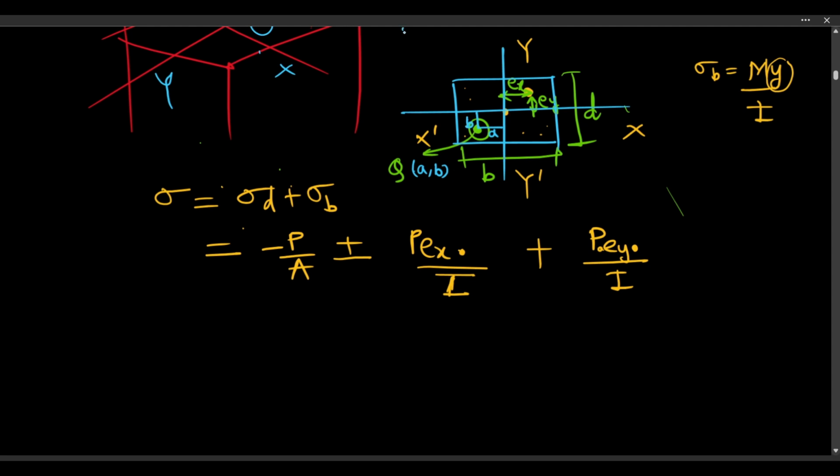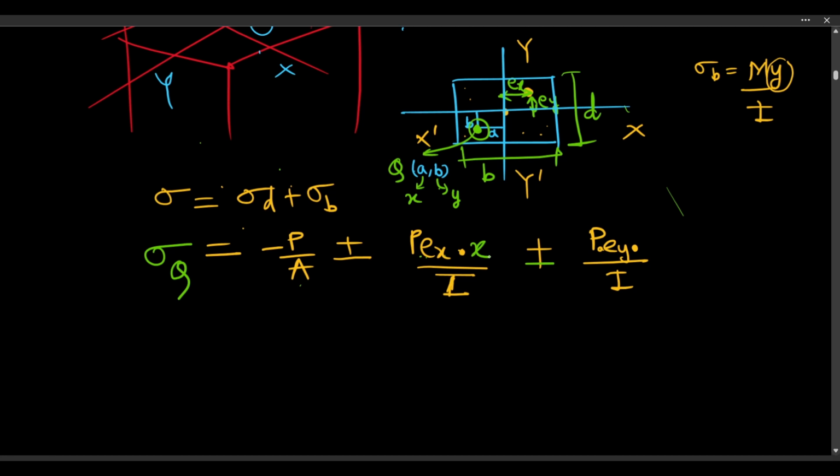Because it is a coordinate, the distance from the y axis is called x and the distance from the x axis is called y. We are interested to find the stress at point Q. So minus P by A, plus or minus, here also plus or minus, P into ex, that is the moment about the y axis, into the distance from the y axis. What is the distance from the y axis?